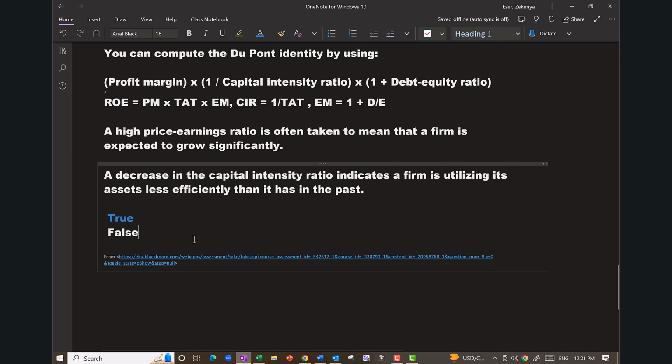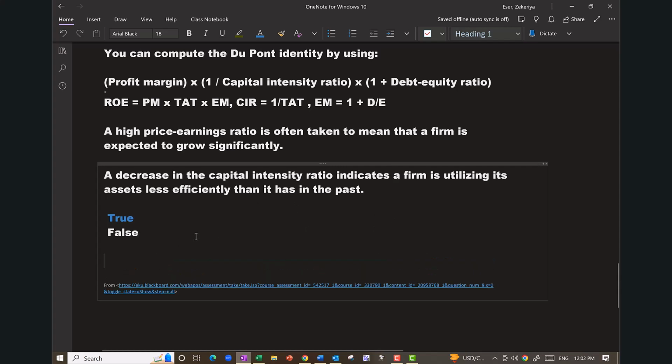You could have written the following as an explanation, that would be fine with me: CAR down means TAT up, hence more efficient. That's good enough, right?